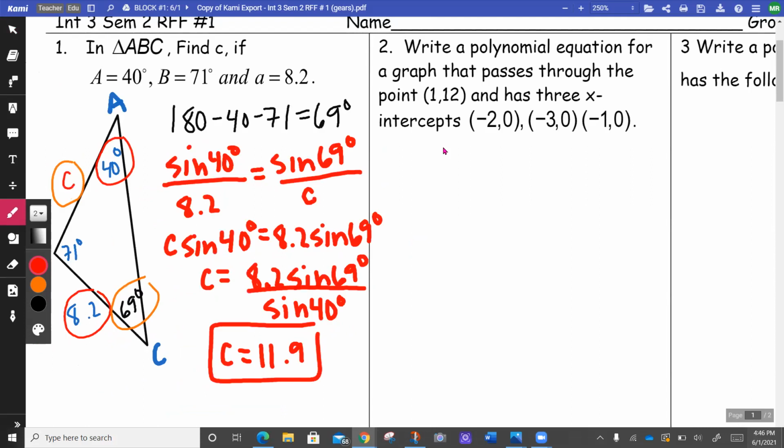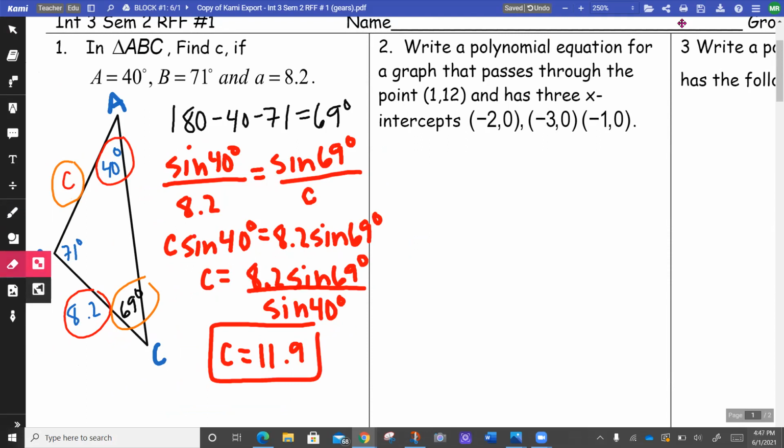On number 2, write a polynomial equation for a graph that passes through the points 1, 12 and has 3 x-intercepts, -2, -3, and -1.